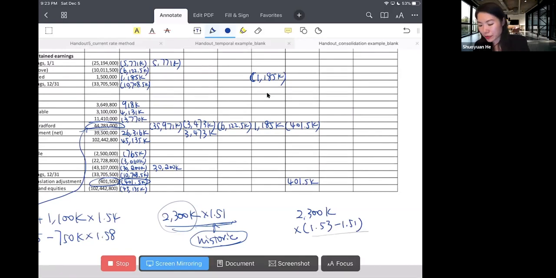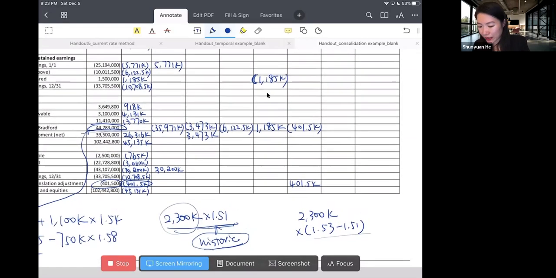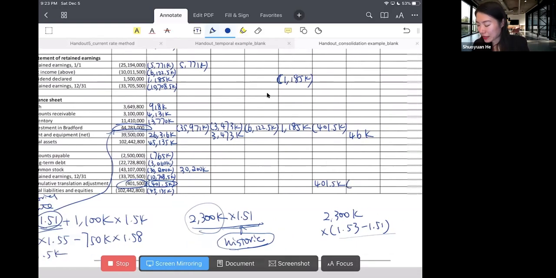Taking the difference between these two gives us 46,000. So we mark up the equipment by another 46,000. Oh sorry, we mark up this PP&E.